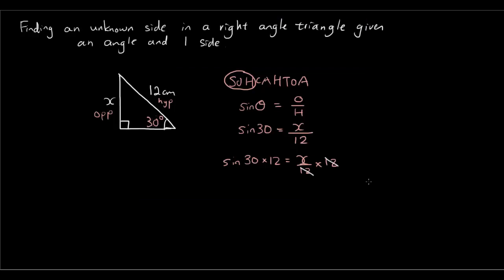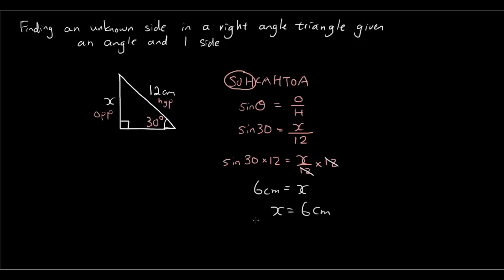So we know that x is equal to 6 centimeters, and we usually write it the other way around, so x equals 6 centimeters. So you've just solved the equation and found out what x equals.